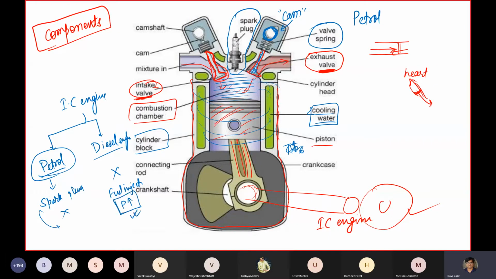The pressure is so high that fuel and air abruptly combust, but in the petrol engine you need to combust it through some sort of spark plug. That is what it is all about. Obviously the working fuel used here is petrol, and here it is diesel. Both are byproducts of raw petroleum oils.